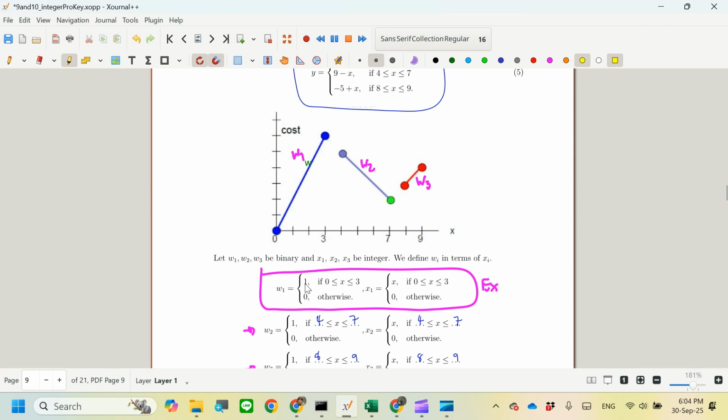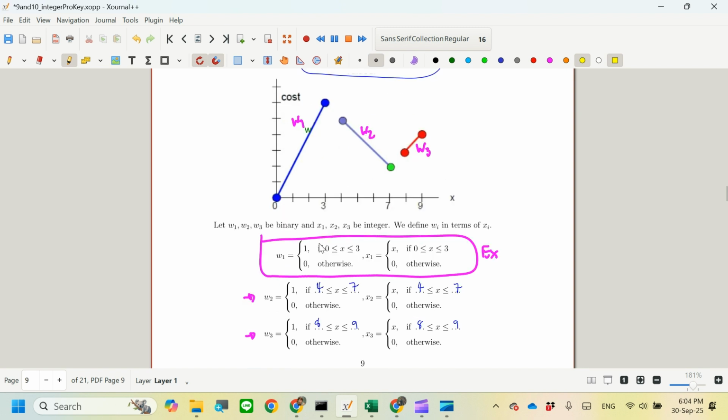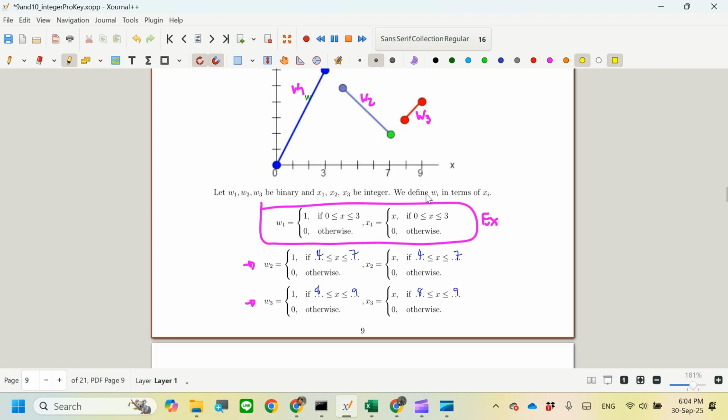So W1 is 1 if x falls into the first range, and x1 equals x if x is in the first range. And W2 for the second chunk. So W2 equals 1 if x falls into this range between 4 and 7, and W3 is for the large chunk. Okay, 7, 8, and 9.